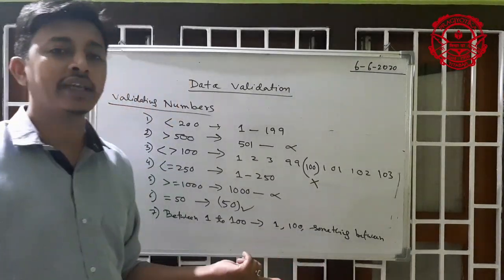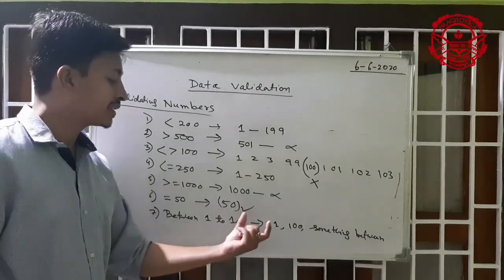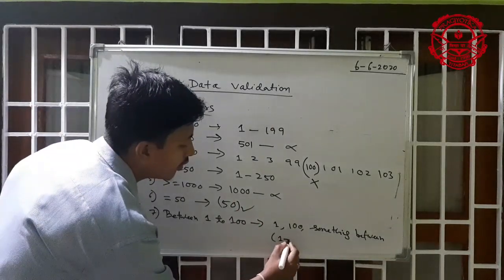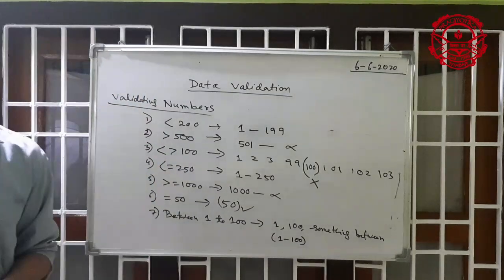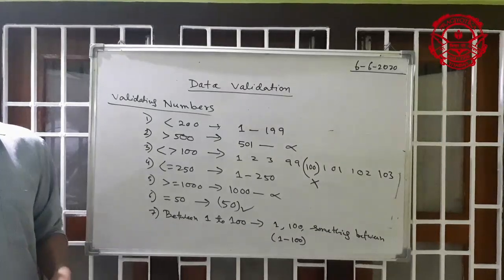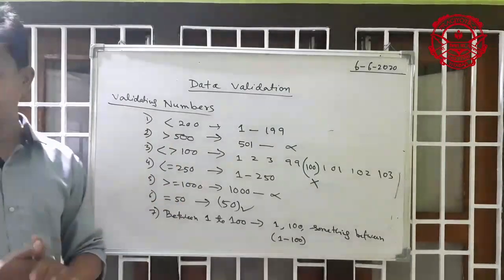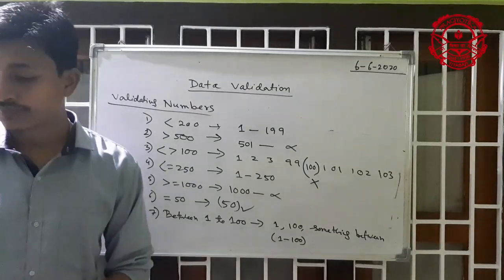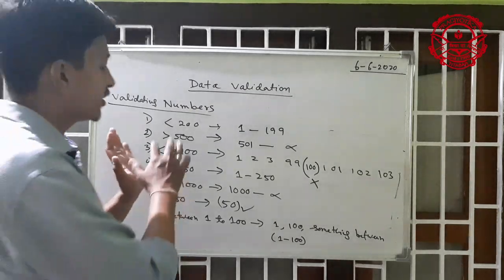It may be 78, 98, 68, anything, but the range is 1 to 100. These are the validation expressions for numbers, given table-wise for understanding purposes. So I think you understand these things.